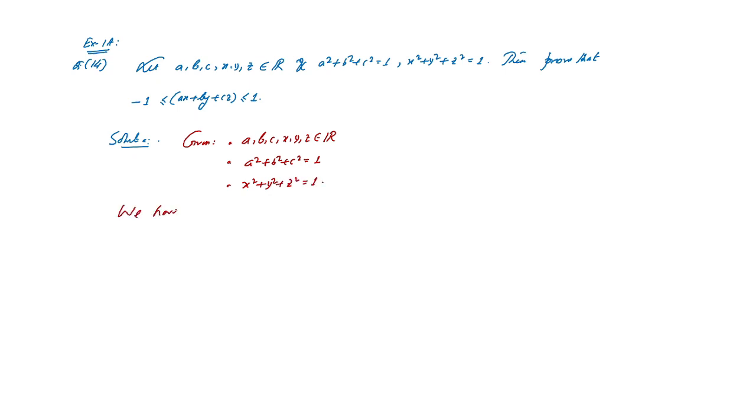What we have to prove is that minus 1 is less than or equal to ax plus by plus cz, which is less than or equal to 1. Now the question is how to prove this problem.